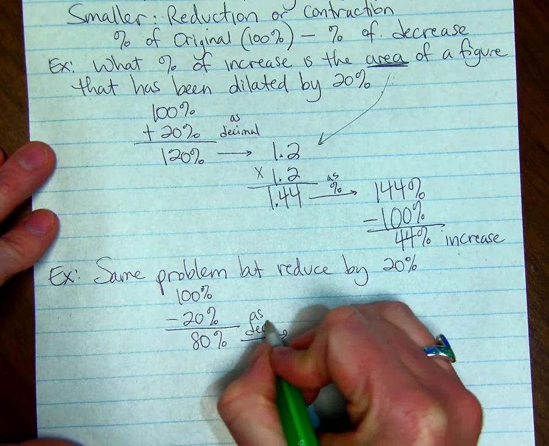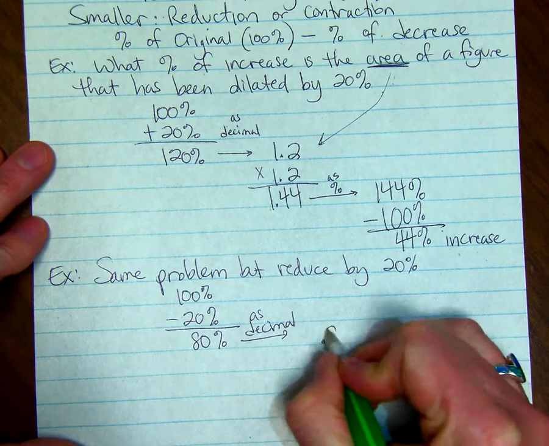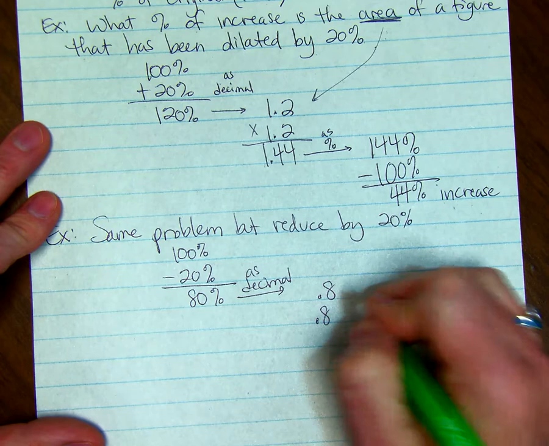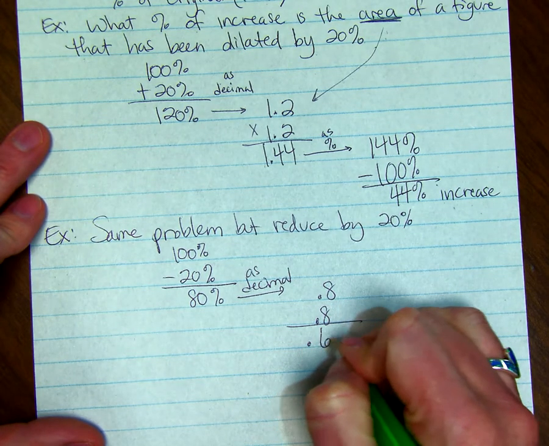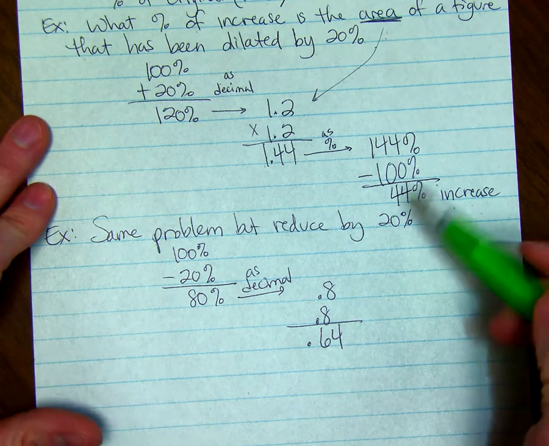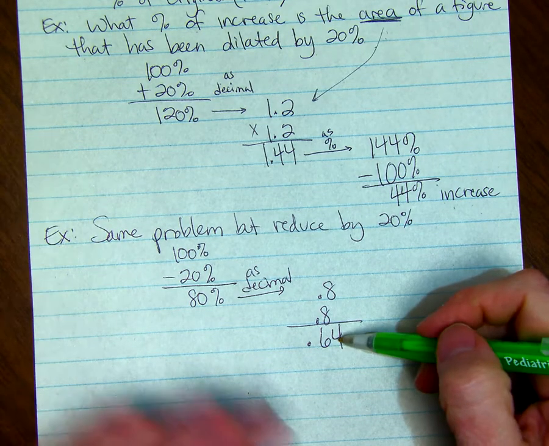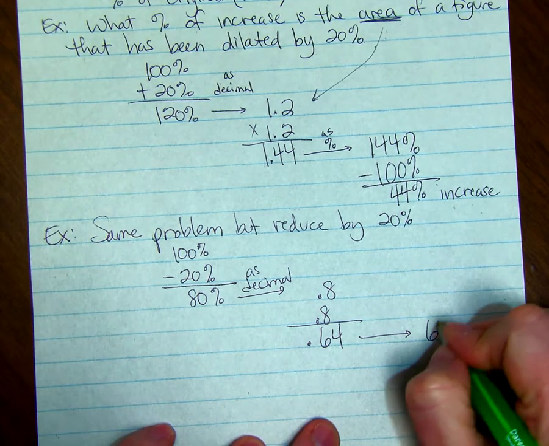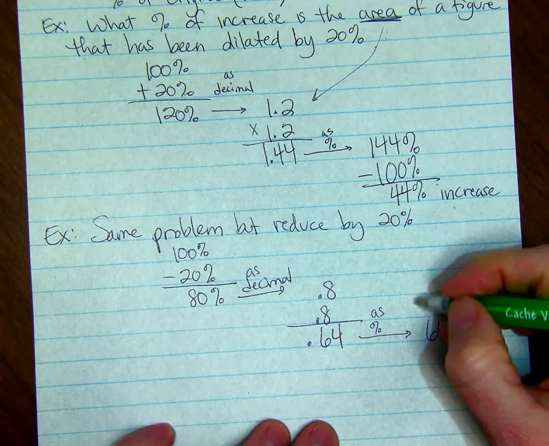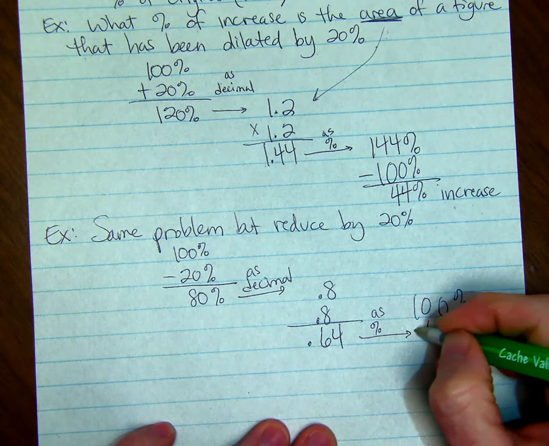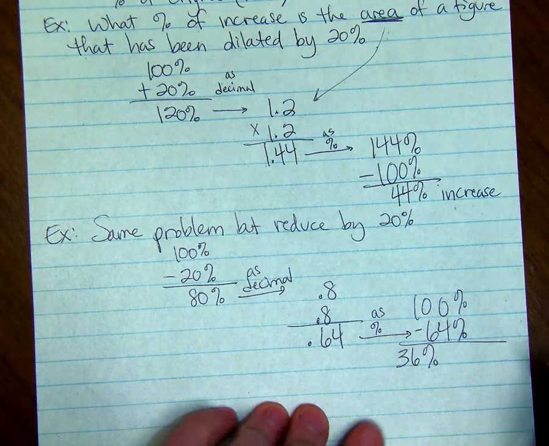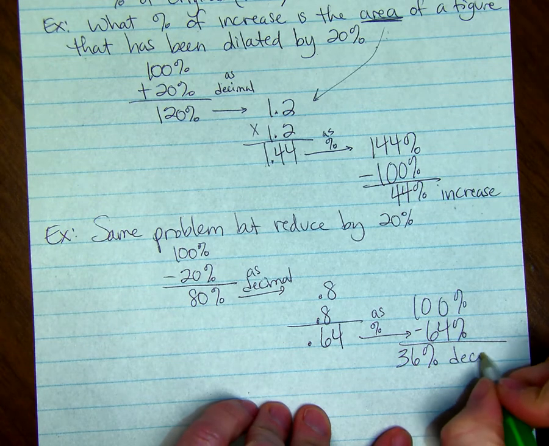As a decimal, that's 0.8, times it by itself to get 0.64. Now it reduced to 64% of the original. So this is as a percent. So we're going to take the original and subtract off 64%. So the total is a 36% decrease.